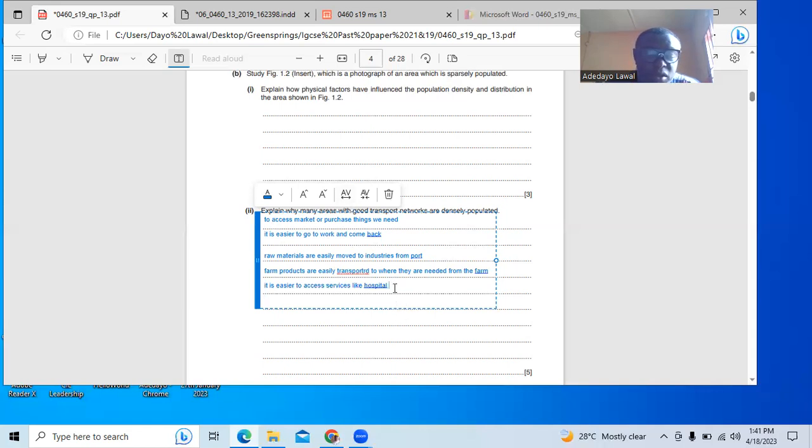Like hospitals, entertainment. Imagine during the festive periods, many people want to visit different malls, entertainment, cinemas, and all of that. And it's easy. There is no complication to it. That will encourage people to want to stay around that kind of area.